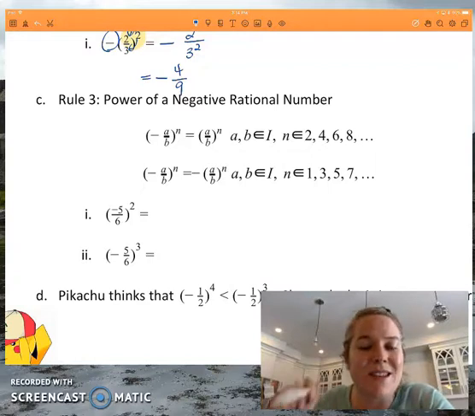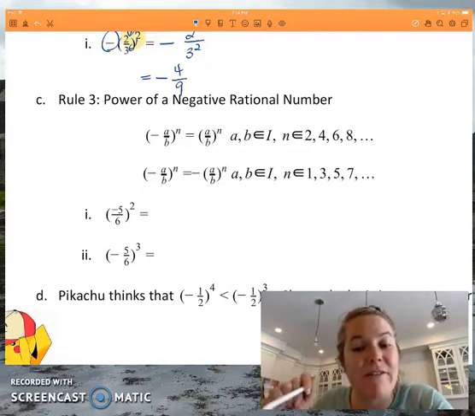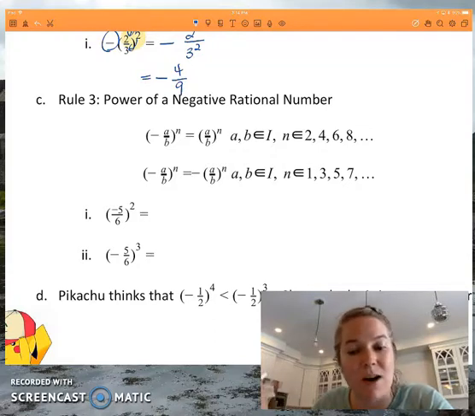When the negative is inside the bracket, it is affected by the exponent. If the exponent is an even number, even numbers being 2, 4, 6, 8, 10, 12, 14, 16, etc., you're going to lose the negative.